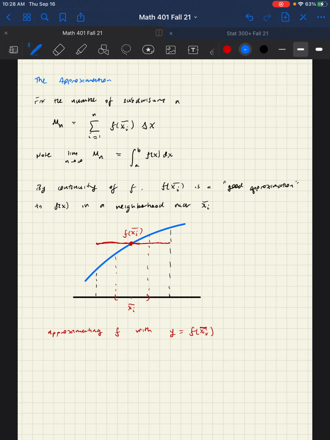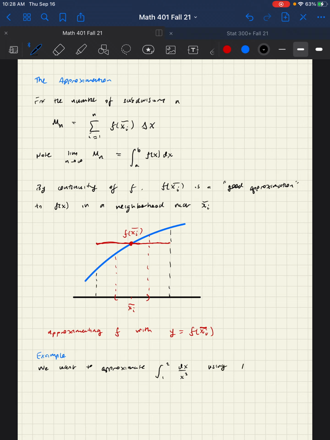Okay, picking up where we left off, let's see an example of this method in action. So we're going to use the same function that we had before, right? So we again want to approximate the integral from 1 to 2 of dx over x squared.